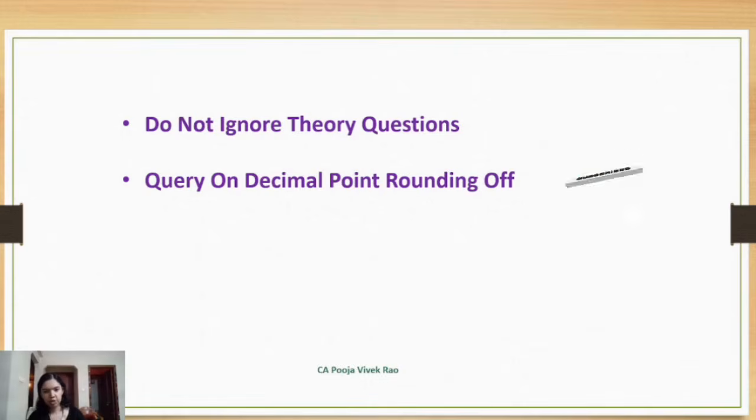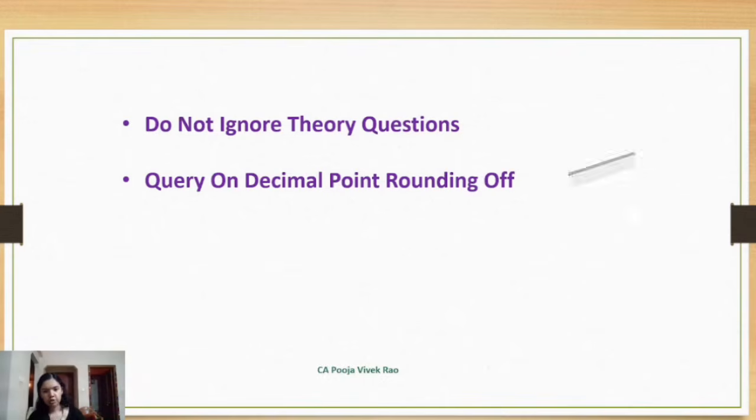First we have to see in the question itself whether they have given how many decimal points we have to round off. And sometimes if there is any question where they have not mentioned up to what decimal point we have to round off, at that time there might be some clue in the question. So we have to look for that clue. For example, suppose there is a question on forex.